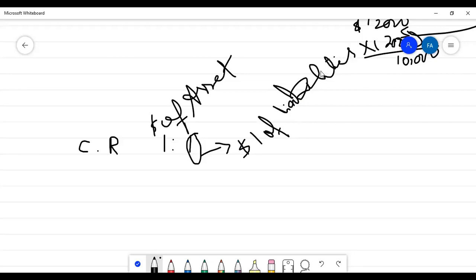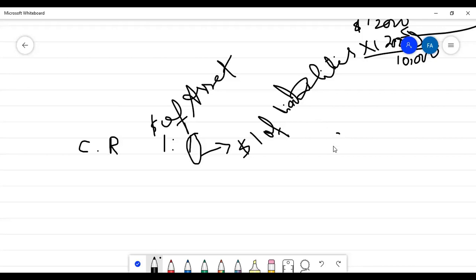It's very difficult to write. So $1 of asset is equal to $1 of liability. If you have $1 of liability, you should at least have $1 of asset. Otherwise, what will happen? Your business is not liquid enough.